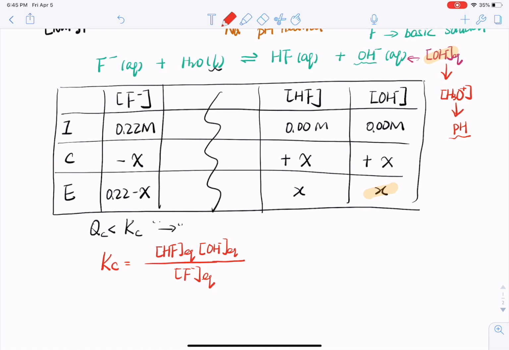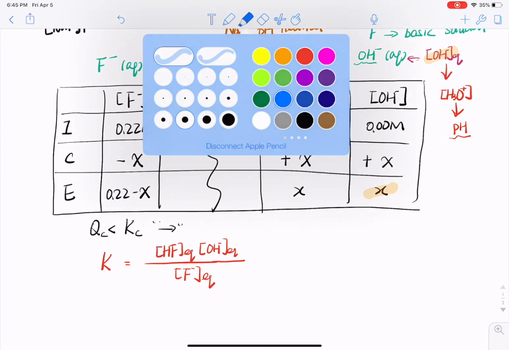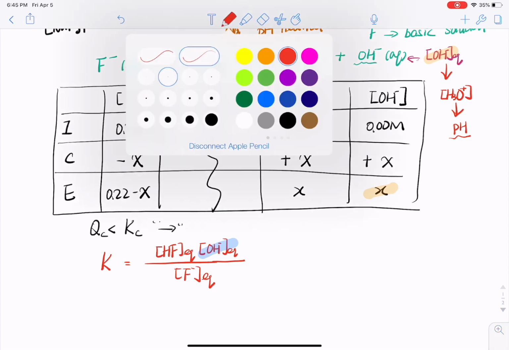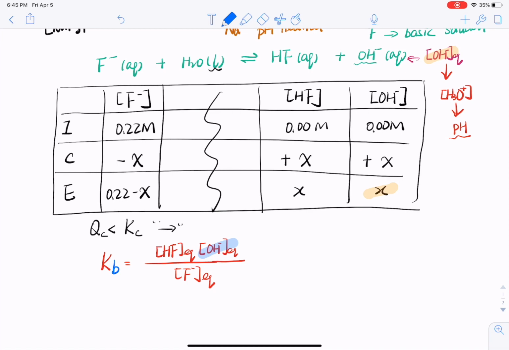I wrote Kc because C just represents concentration, but for this chapter we're talking about acid base, so it's gonna be Ka or Kb. How do you know? Look at your expression. Your expression has OH. What's OH about? Yes, it's a base. So this is gonna be a Kb expression.